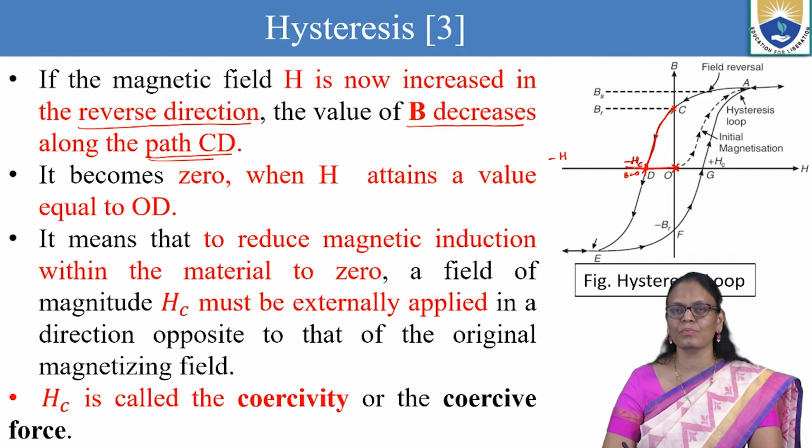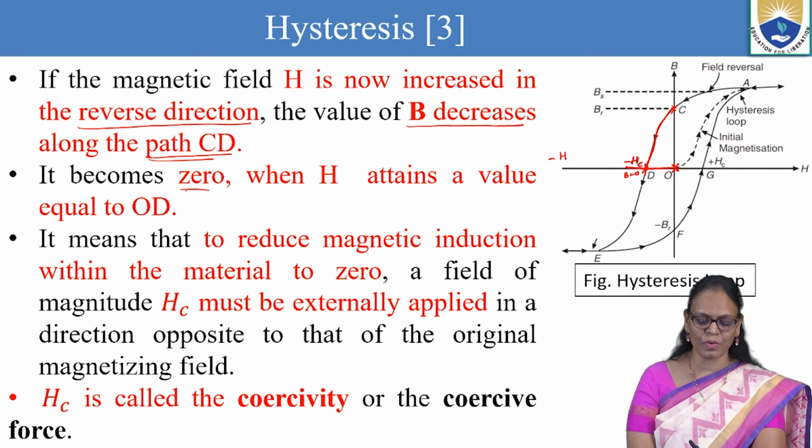This particular value of H, where the magnetic induction becomes 0, we call Hc or minus Hc. So it becomes 0 when H attains a value of OD.